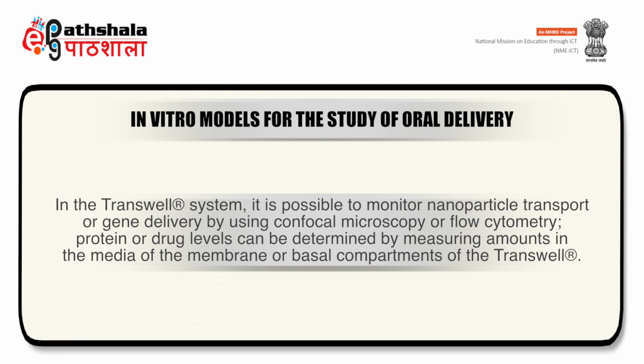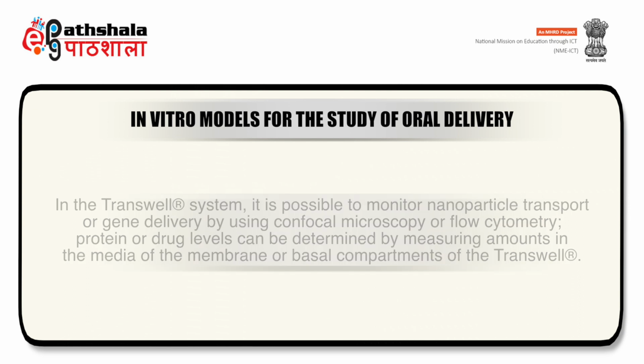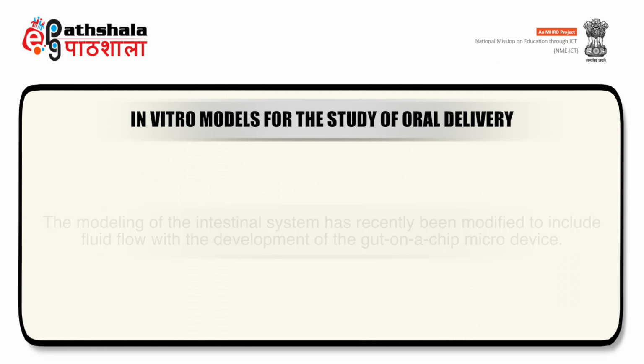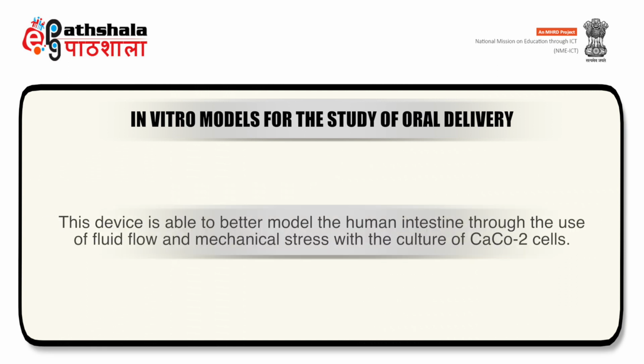Protein or drug level can be determined by measuring the amount in the media of the apical or basal compartment of the Transwell. The modeling of the intestinal system has recently been modified to include fluid flow with the development of the gut on a chip microdevice. This device better models the human intestine through the use of fluid flow and mechanical stress with the culture of Caco-2 cells.